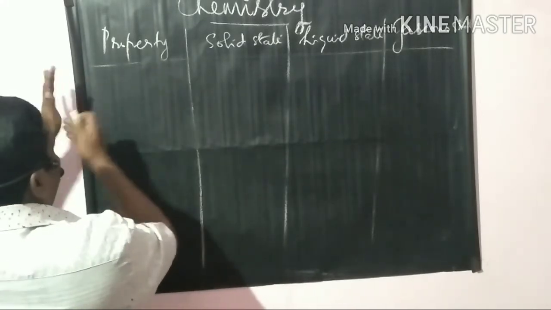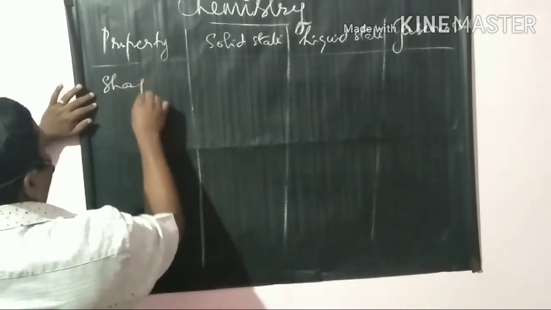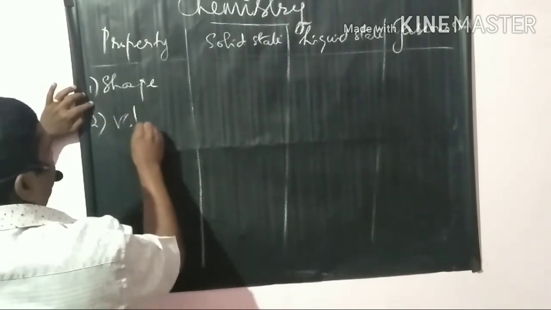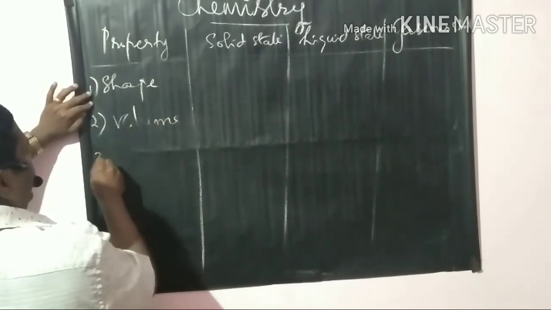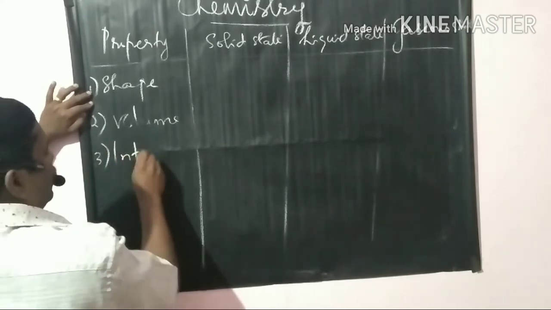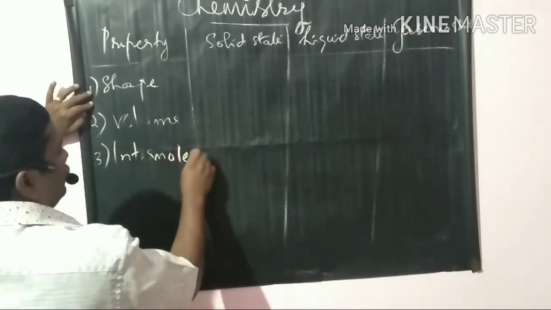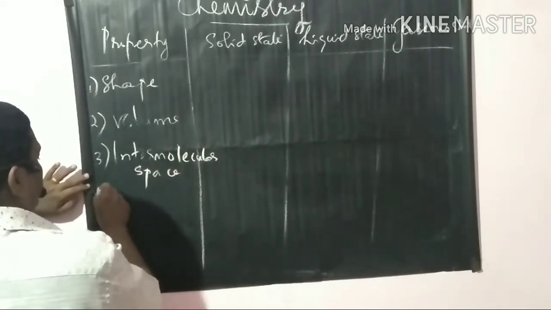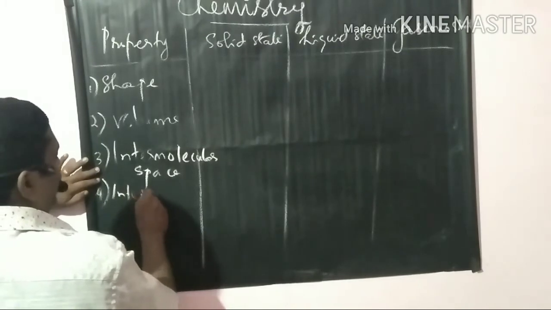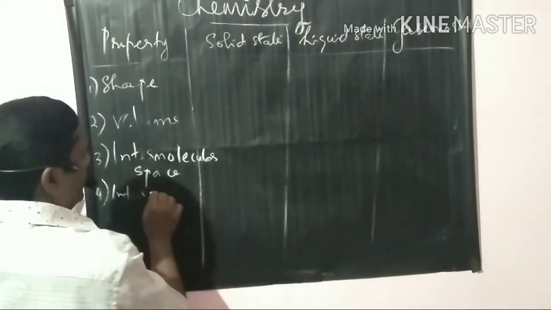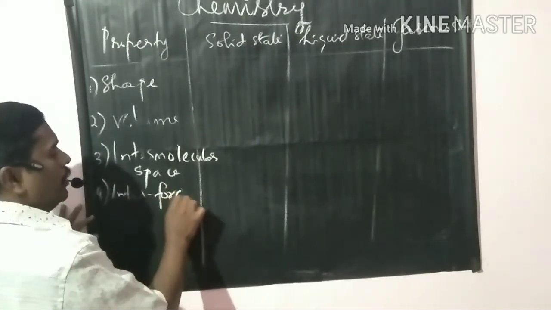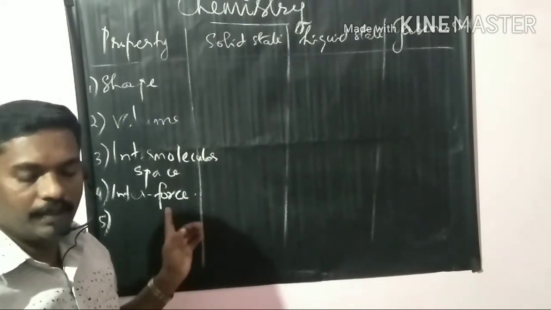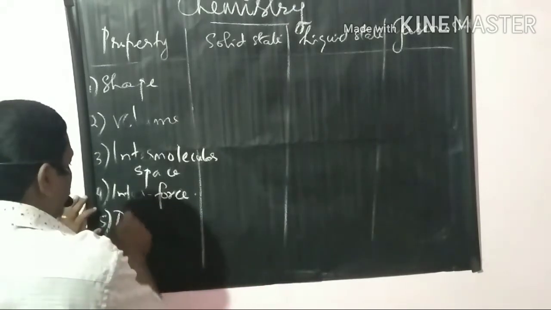Okay, first property, shape. Then volume. Then intermolecular space. Fourth one, intermolecular force. Then fifth one, density. Very good.